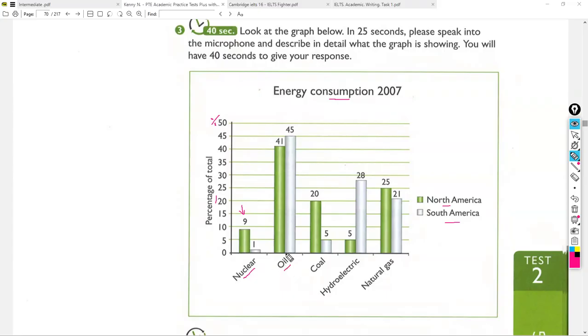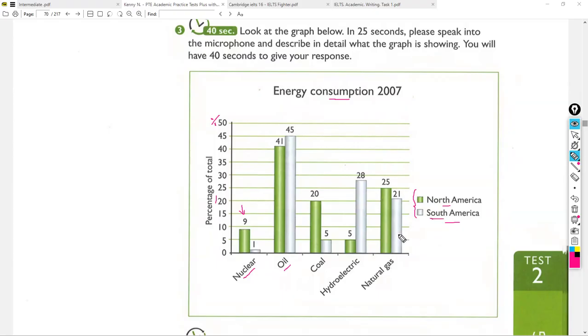Now let's talk about oil. Let's talk about the consumption of oil in these two places. What are the percentages that we have? The consumption of oil in North America is like 41%, and in South America it's 45%. Exactly. How can I read this word, Ali? South.